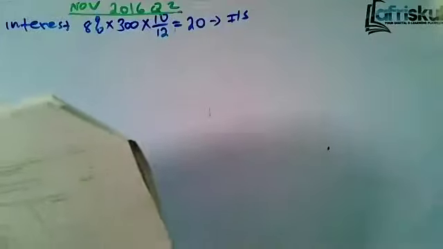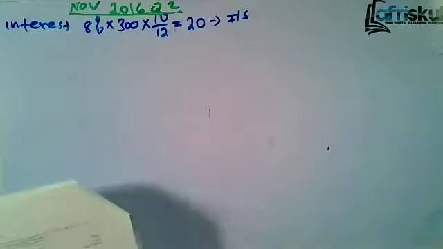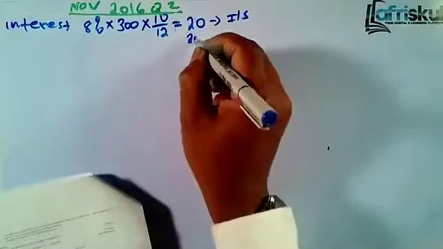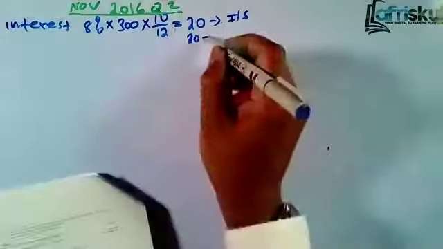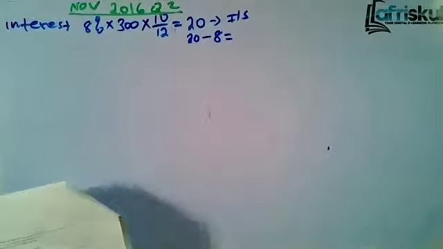Now, I want us to go back to the trial balance. Somewhere we have been given the loan interest paid, and we have loan interest paid of 8. So that means you are supposed to pay 20, but during the year you paid 8. Sorry, we paid 12.